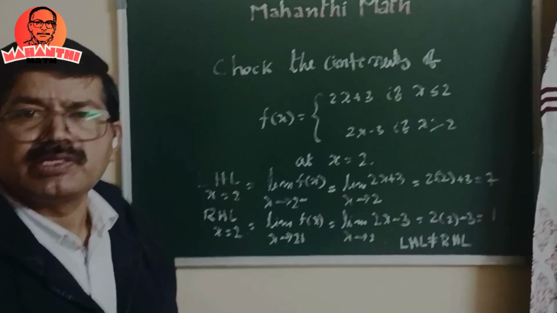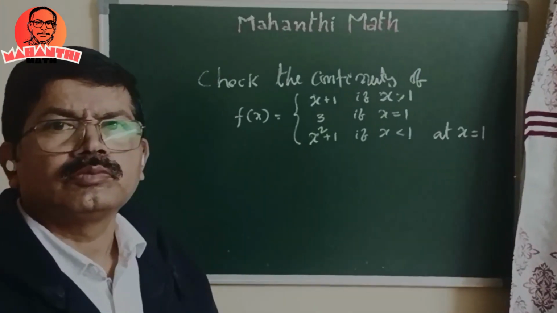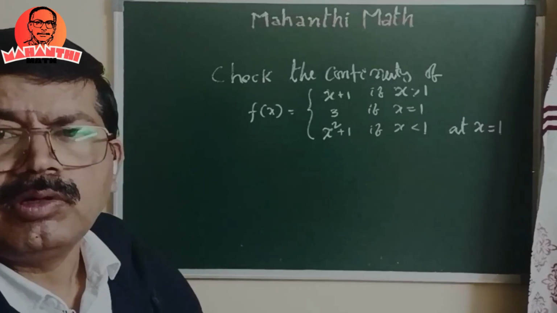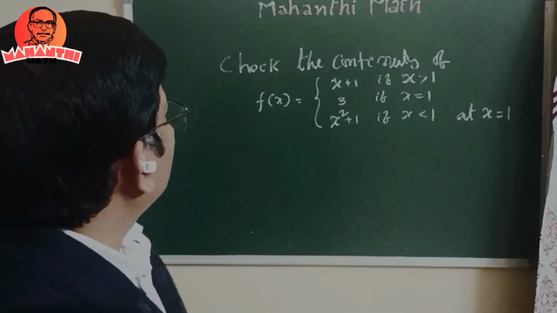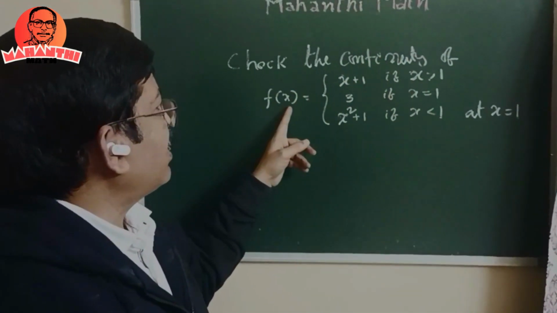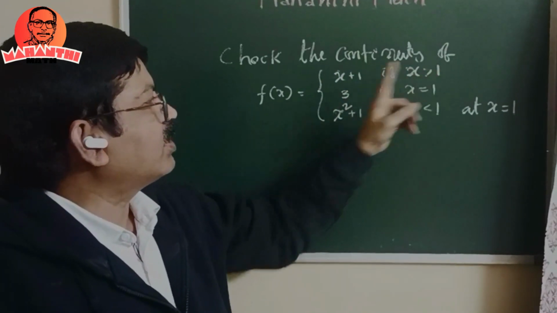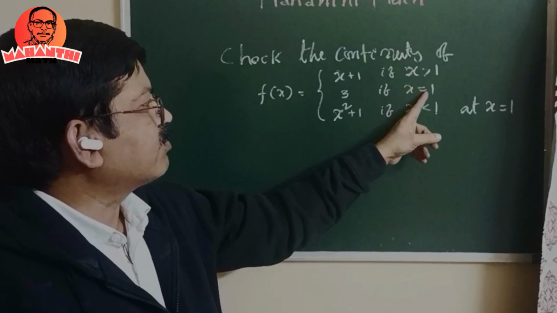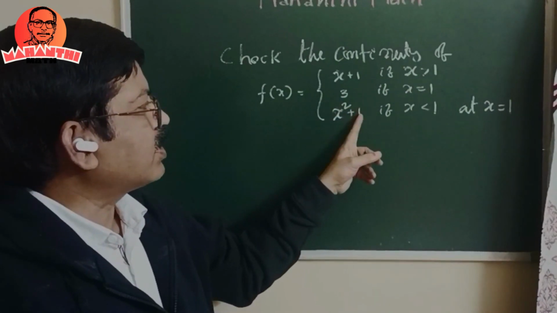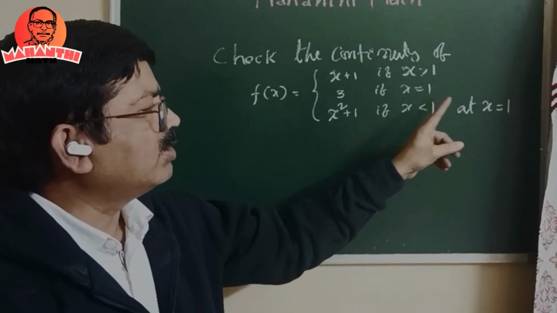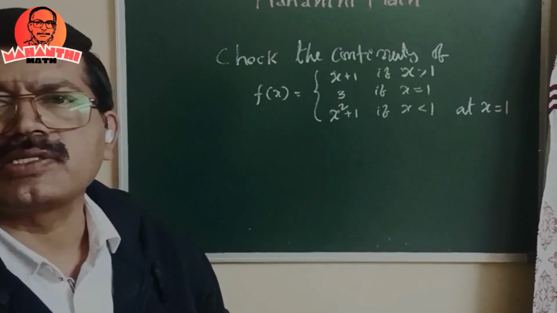One more example we will see. Now our second example: check the continuity of the function f of x equal to x plus 1 if x greater than 1, 3 if x equal to 1, x square plus 1 if x less than 1. We have to check the continuity at x equal to 1.